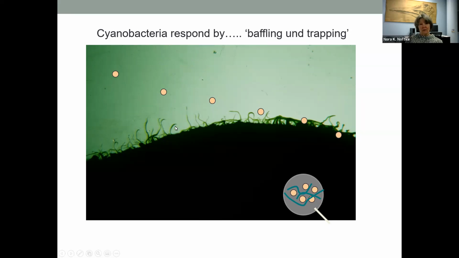They comb out sedimentary grains from the suspension. It's a passive process. They don't do this actively, and they overgrow and migrate over the incoming sedimentary grains and incorporate them into the microbial mat matrix over time. So this is called baffling and trapping. And clearly it's a different behavior than biostabilization or binding.